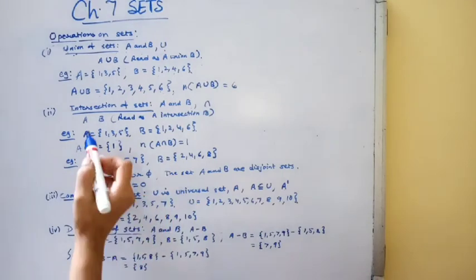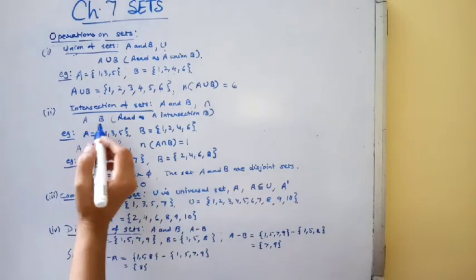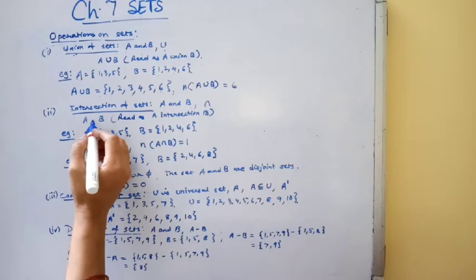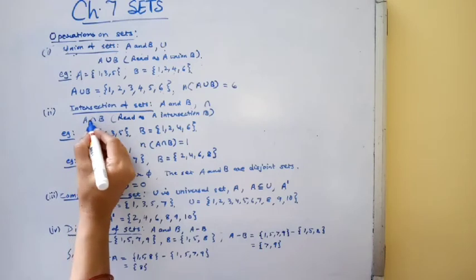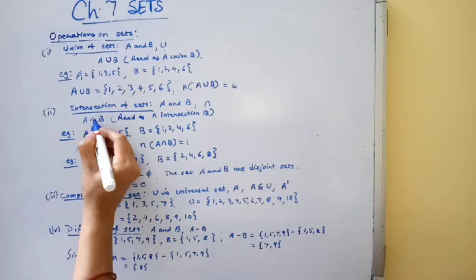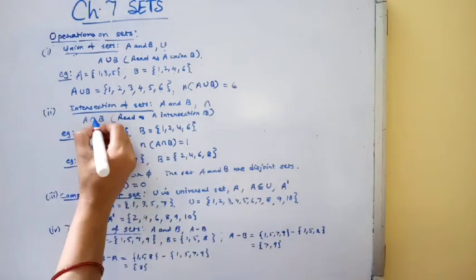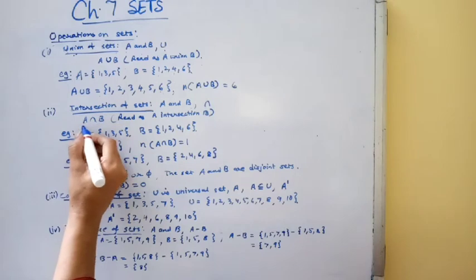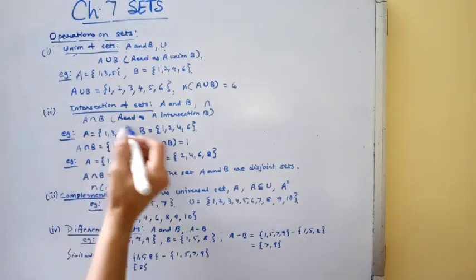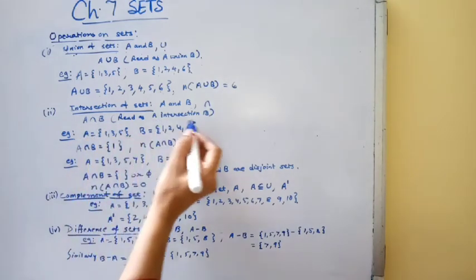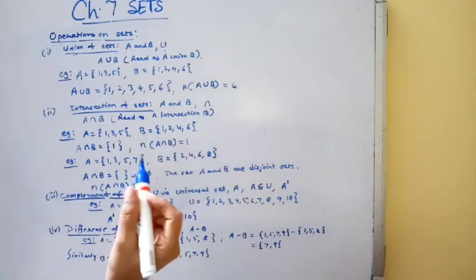Then we represent the set intersection like A, then write the symbol of intersection, and B. So this is A intersection B. We read it as A intersection B.